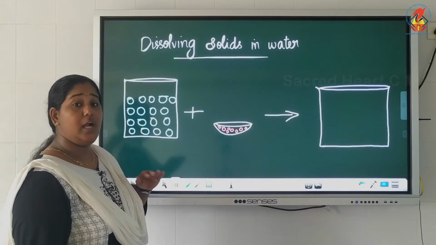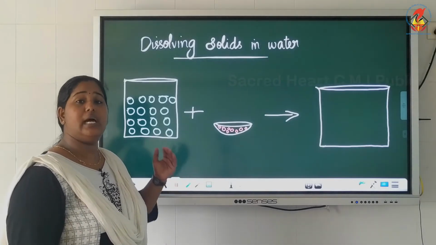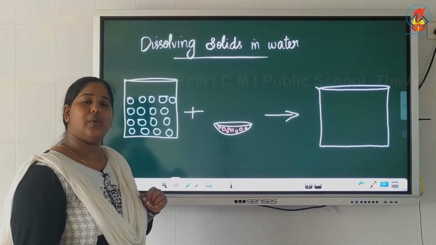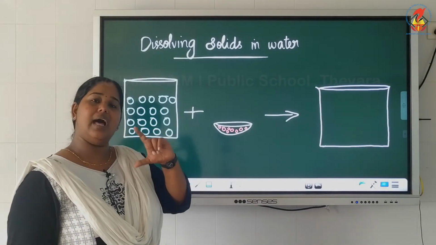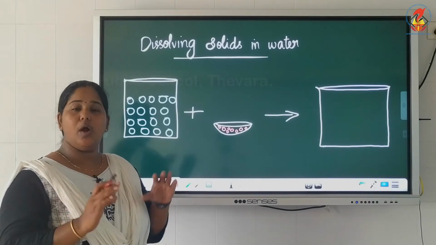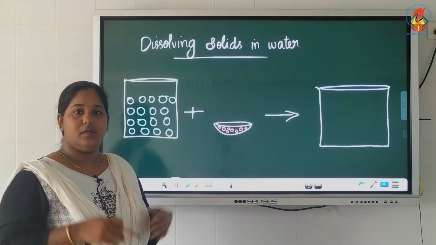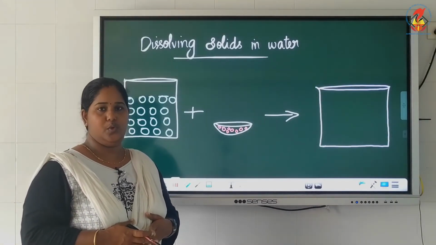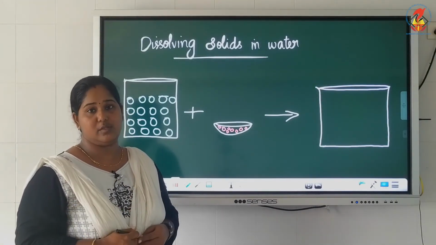Isn't it? We will not be able to see the sugar anymore. Where does it go? And one more question, when you are taking 1 glass of water and adding 1 spoon of sugar, will the water overflow? Will it flow out of the tumbler or glass? No. So we have to study the reason for that also.